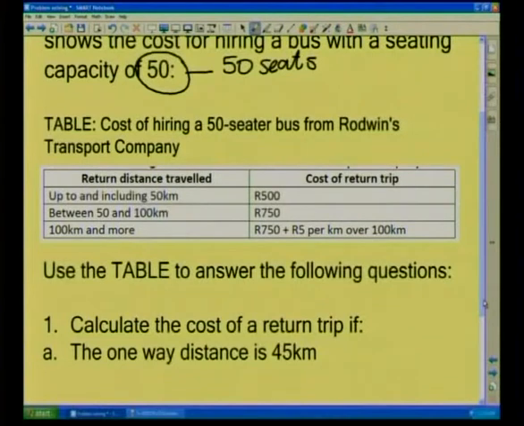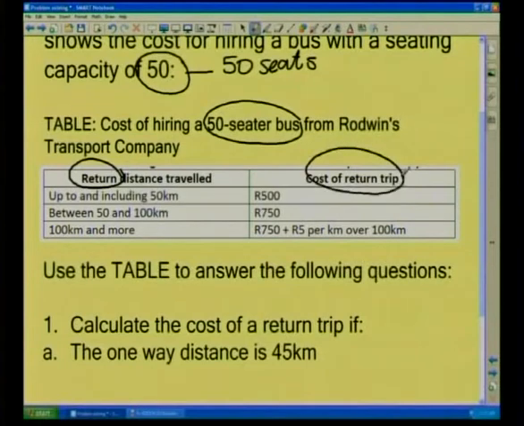The table below shows the cost of hiring a 50-seater bus from Rodman's Transport Company, and you can see that the distance travelled is the return distance travelled. That's the total distance that they would have travelled, and this is the cost of the return trip. Use the table to answer the following questions.